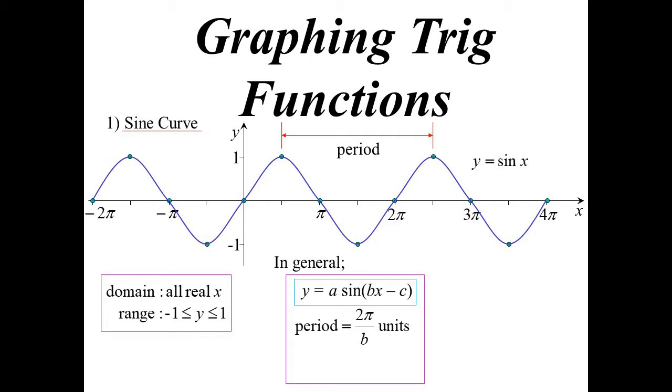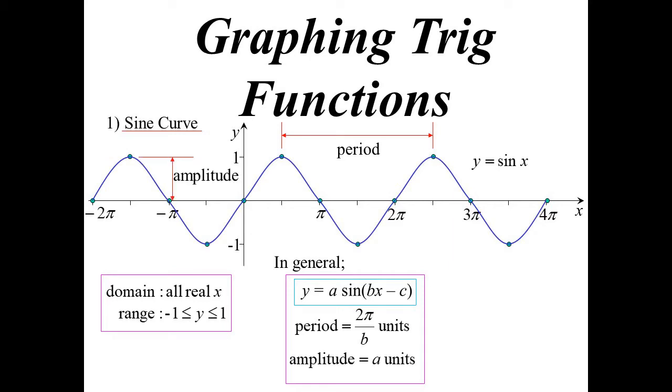Well, actually, it'd be by a factor of 1 on b, because when we dilate, remember, it's x over the dilation factor. So 1 on b. So we might compress it in b or pull it out b, depending on whether b is bigger than 1 or smaller than 1. So whatever the coefficient of x is, 2 pi divided by that coefficient will tell you the period.